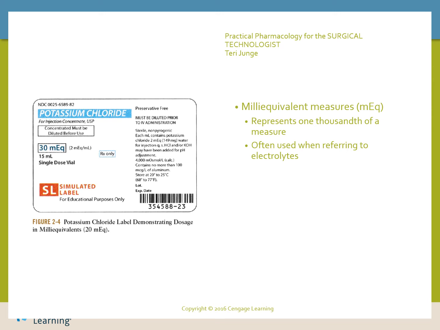So if we had a drug that was measured in grams, for instance, then a milliequivalent would be 1,000th of a gram. All right, and here there is an example of potassium chloride, and you can see that it's 30 milliequivalents.